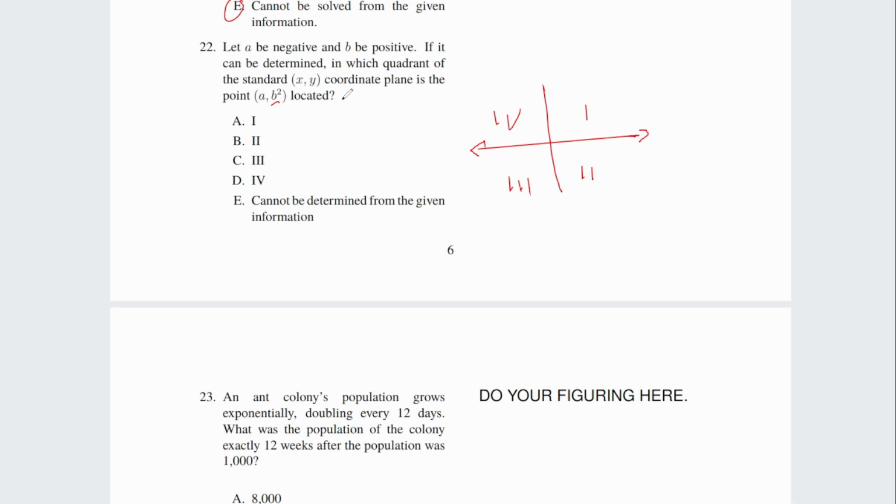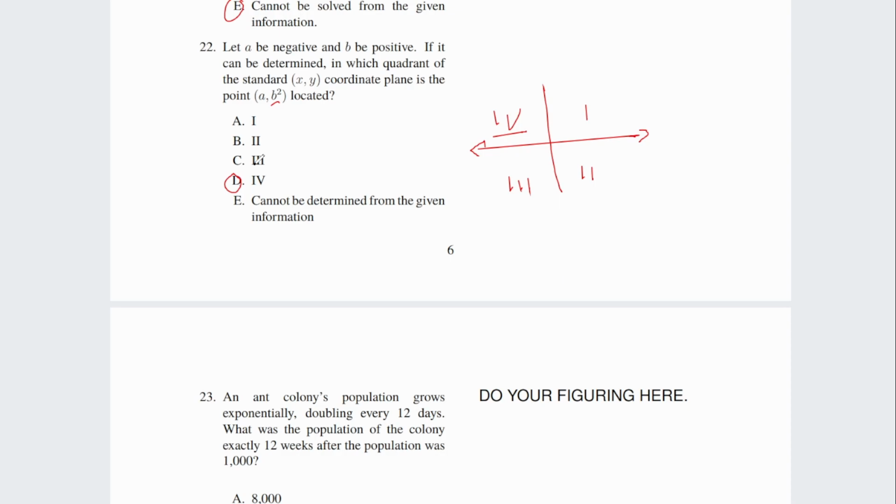And b squared, well, b is positive, so b squared is also positive. So we're on the top half, in positive for the y value as well. So we know that we're in quadrant 4 because a is negative and b squared is positive.